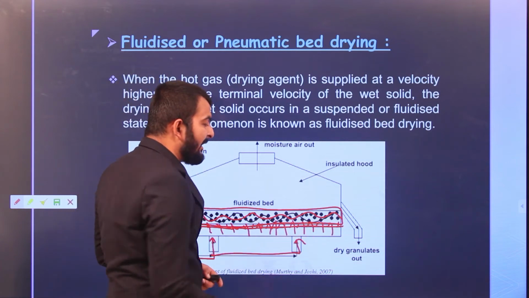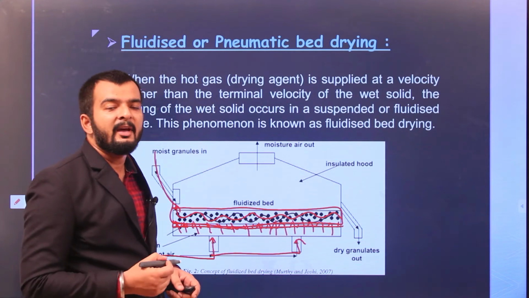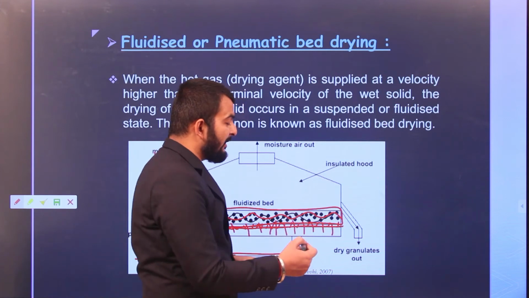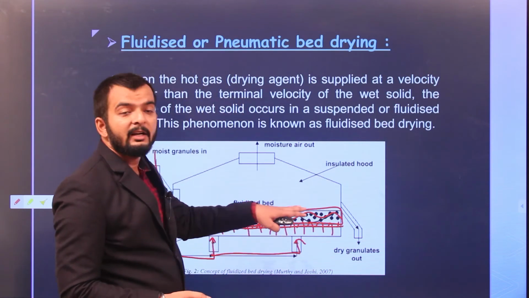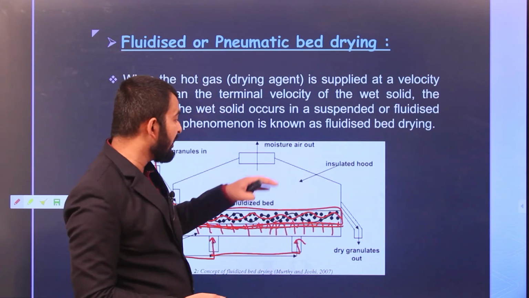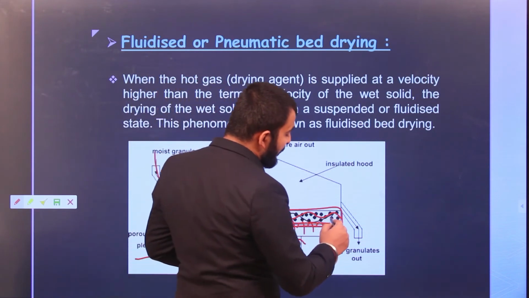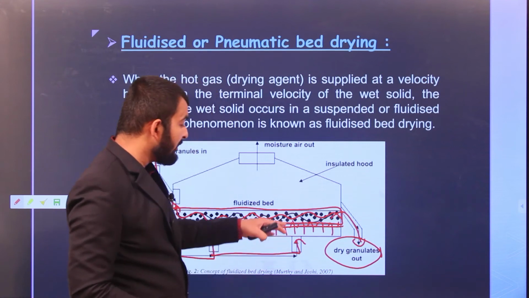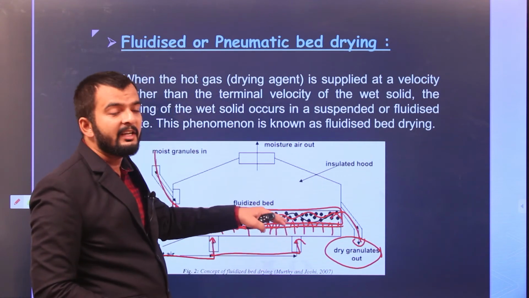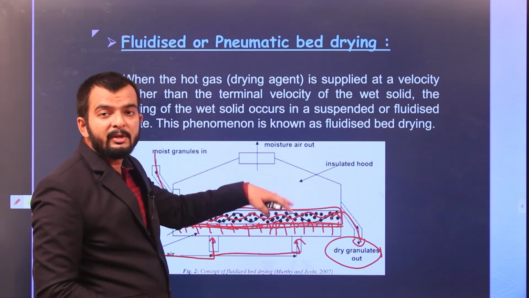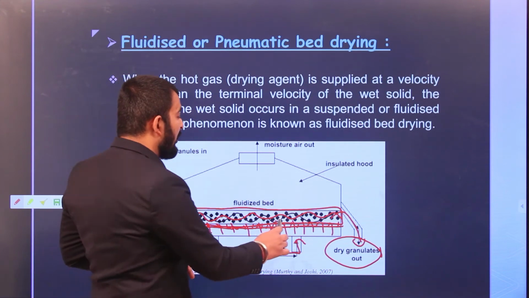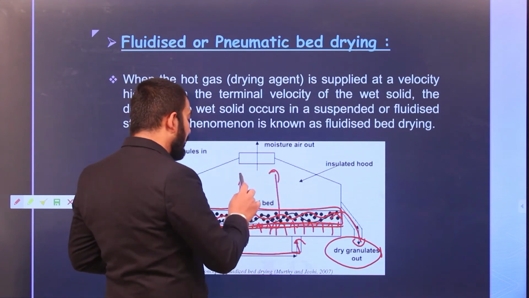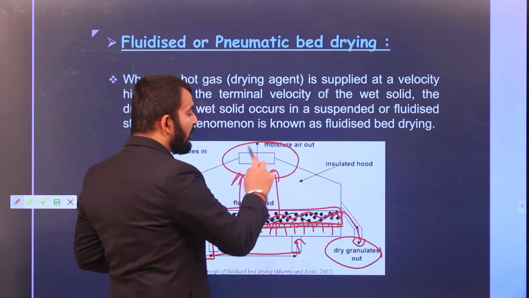Now, after the drying has completed, after sufficient time has passed, when the grains have been dried and the hot air has gained enough moisture, the dried grains will be removed through this outlet here. And all the hot gases which we are supplying as a drying agent, after they have absorbed all the moisture content from these grains, will be removed from the top through this exhaust channel.